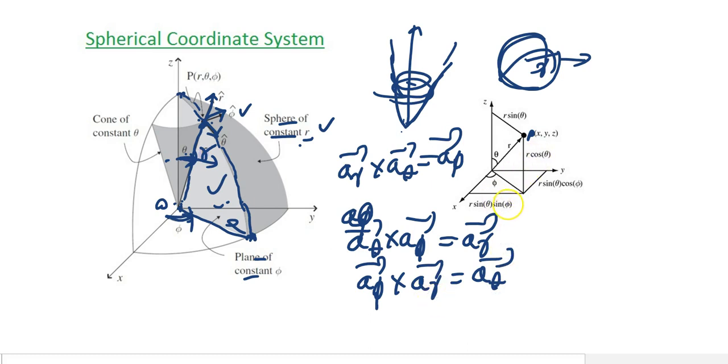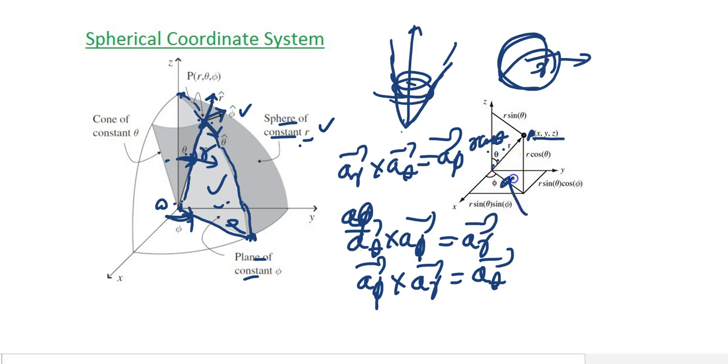Then you see how I am decomposing. This is a point P, x, y, z, and this is your r. So this is your theta, and this is your r. Obviously this length will be r cos theta, and this will be your r sin theta.